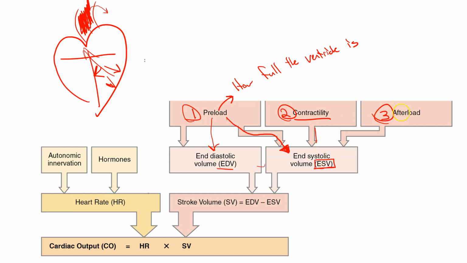If you decrease the afterload, that actually is going to decrease the end systolic volume, because if you decrease this pressure here and it's a lot less, then the heart can overcome that pressure more easily, and then it has more energy to exert, or more energy to allocate towards pushing blood out of the heart. So that would mean that there's less remaining, so a smaller end systolic volume.